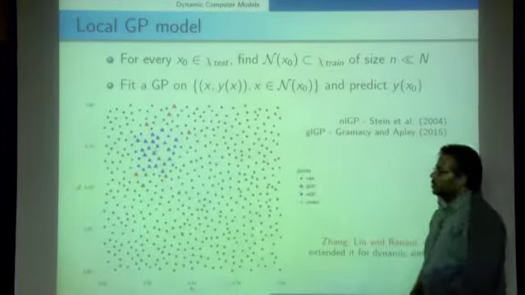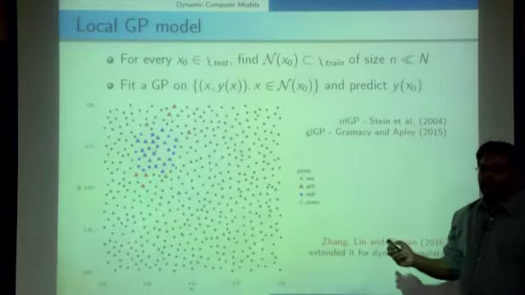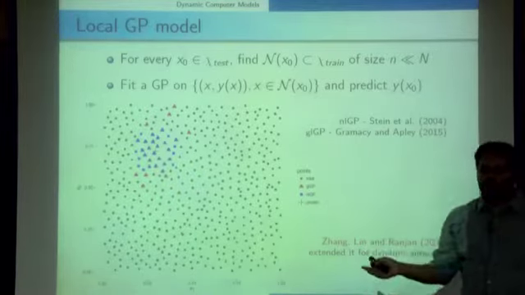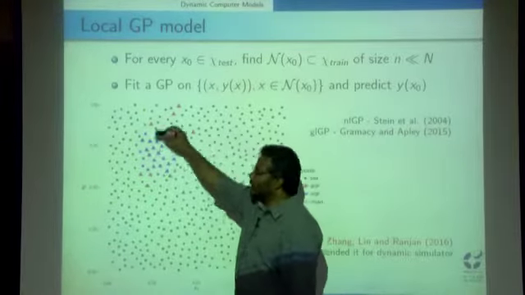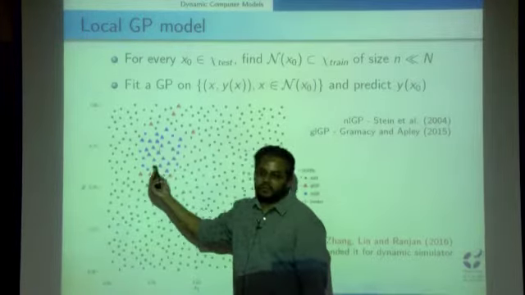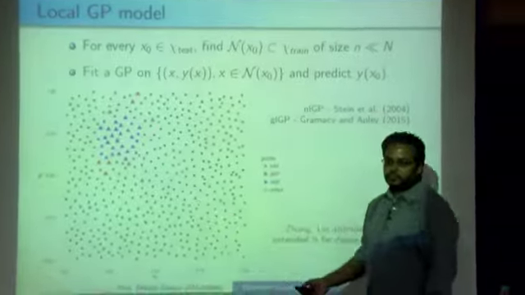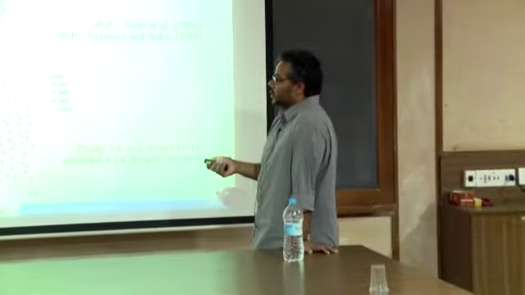And so, the idea of this local GP is that let's forget about all of the other y values or the x values. Let's just build a small neighborhood around this point where I want the prediction and then fit a GP on that. Okay. So, roughly that's the idea.